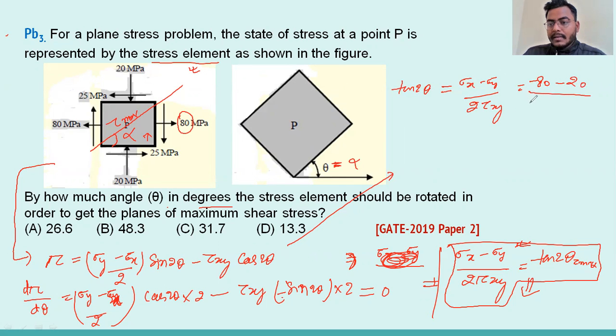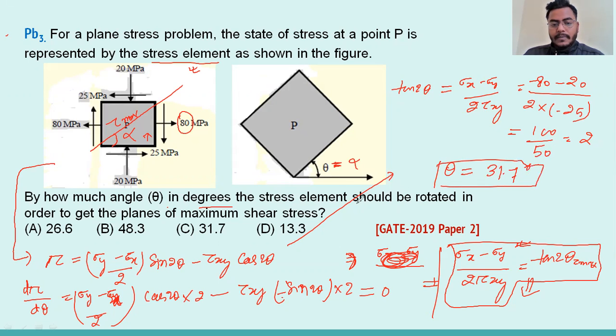You can write like this. Into tau xy, see shear stress is in the opposite direction. This direction we take as negative, so here we can write minus 25. So what we will get is 100 divided by 52. So from this value theta will be 31.7 degree.